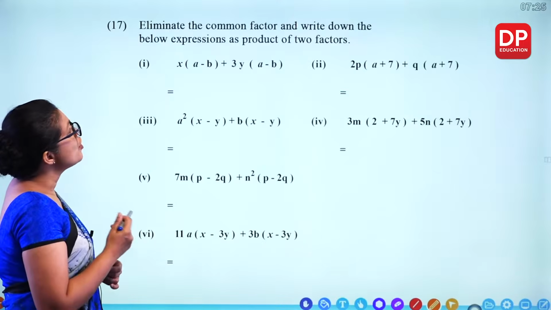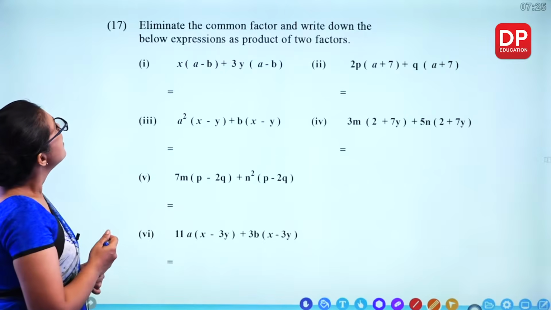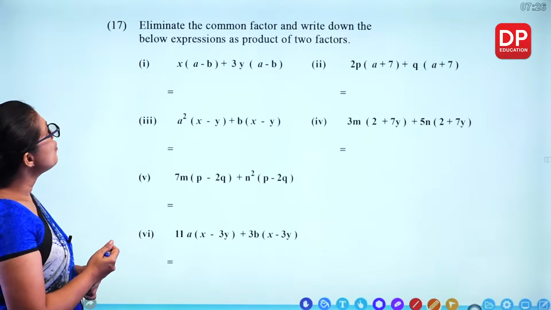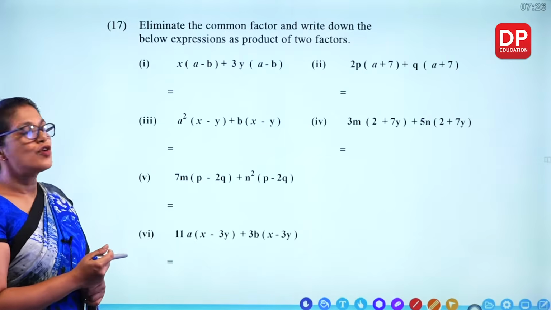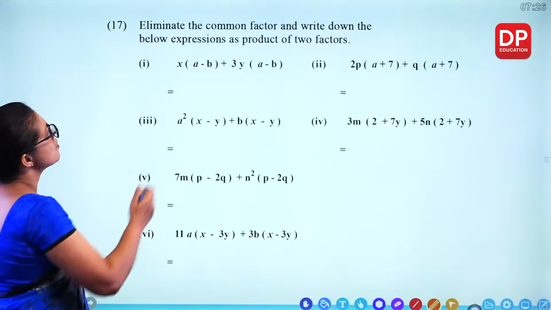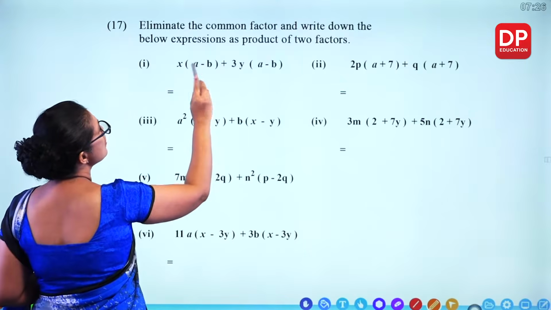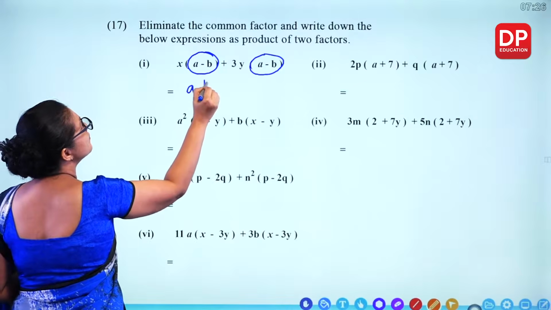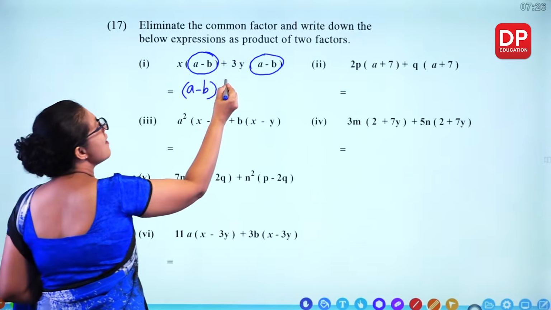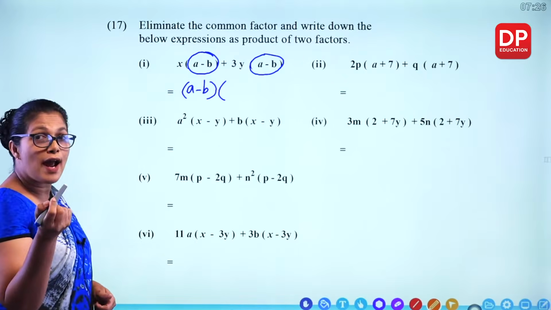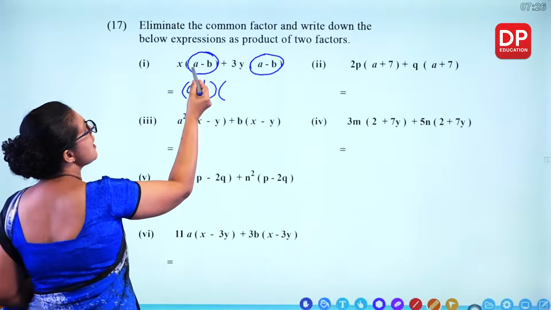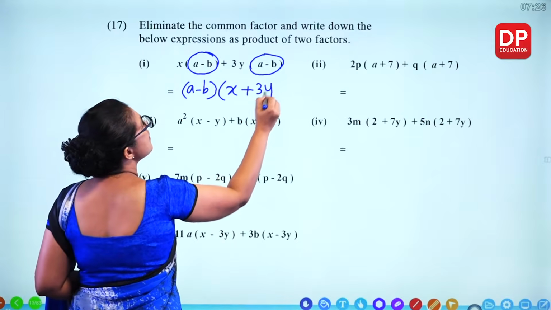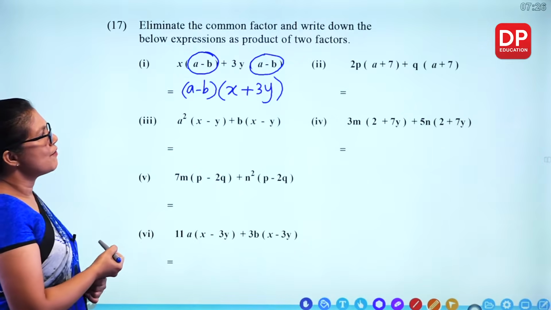Now we'll try to use that theory in these expressions. So eliminate the common factor and write down the below expressions as product of two factors. When you look at these two expressions, we can see a minus b is common. So make sure that you put brackets. And the remaining part also you have to write inside brackets. When you take a minus b out, this becomes x and this is 3y. So x plus 3y.